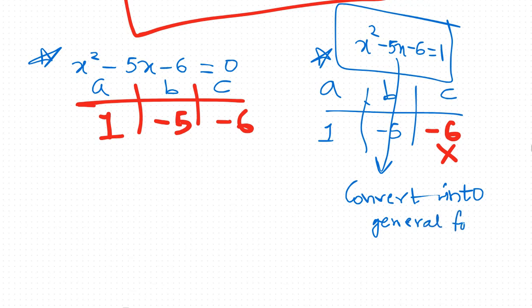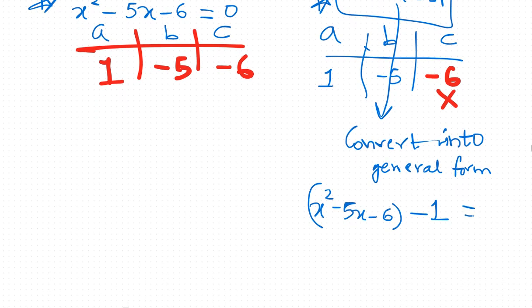To get 0 on the other side, you have to subtract 1, right? Subtracting 1, so the right side becomes 0, obviously. So A value is 1, B value is -5. What about the C value now?